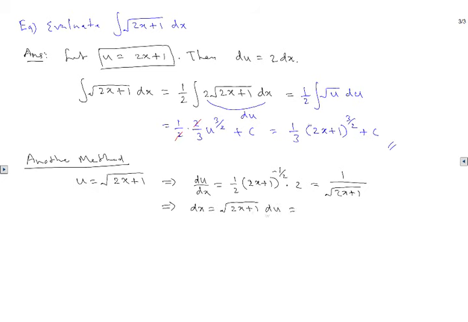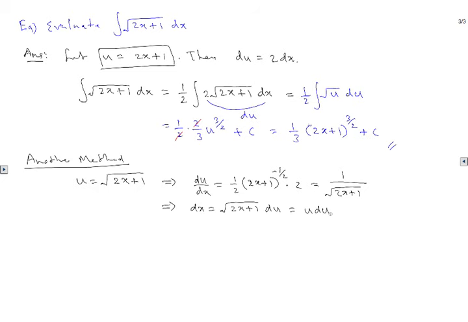What is the square root of 2x plus 1? It is u, so it becomes u du. This is just another method, and you can see it is a little bit complicated, but sometimes there are problems where you have to do that. So that's why I'm telling you the method.